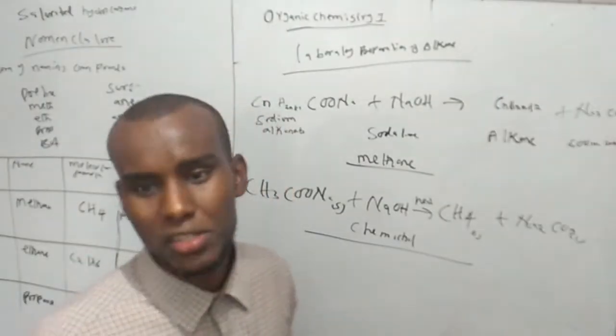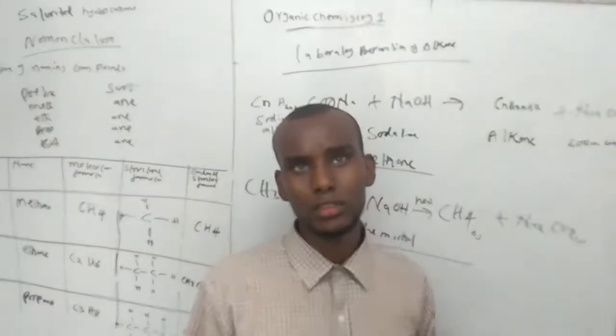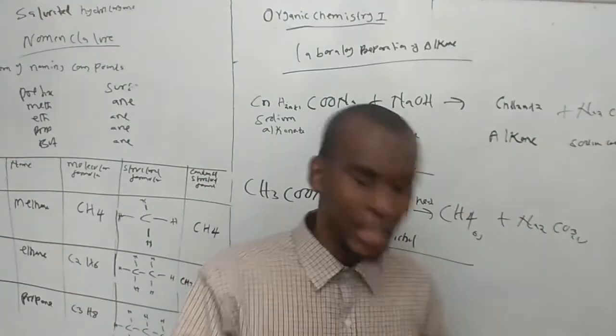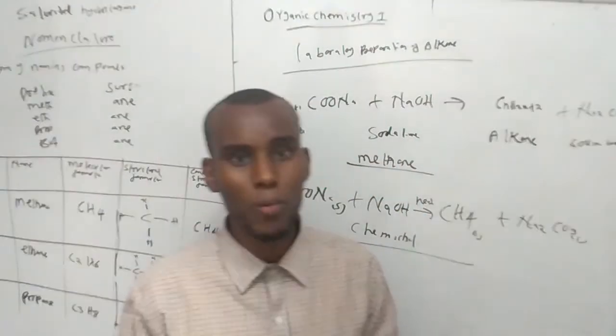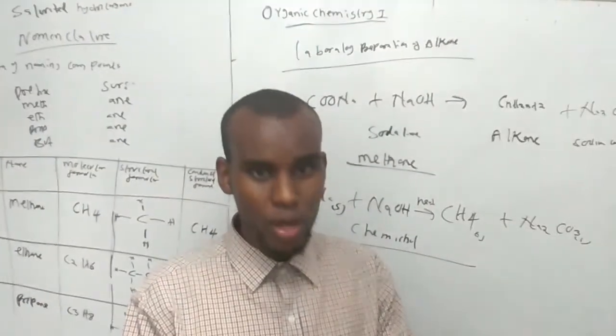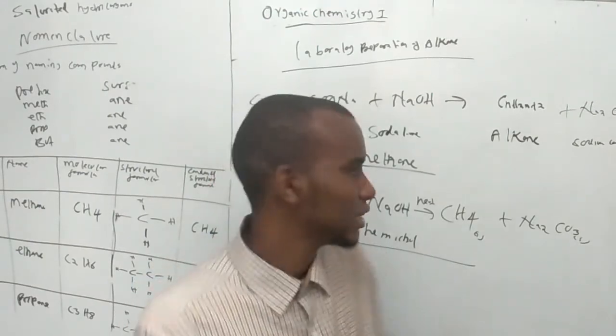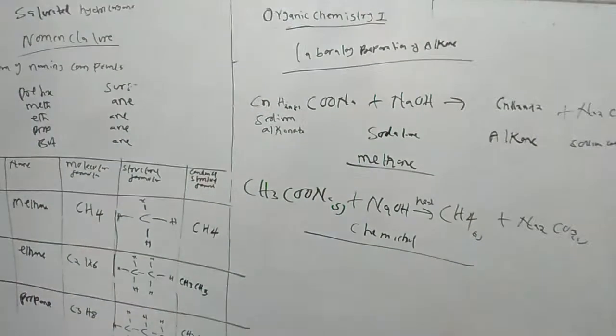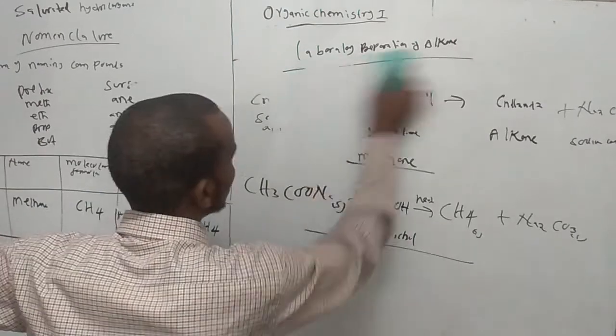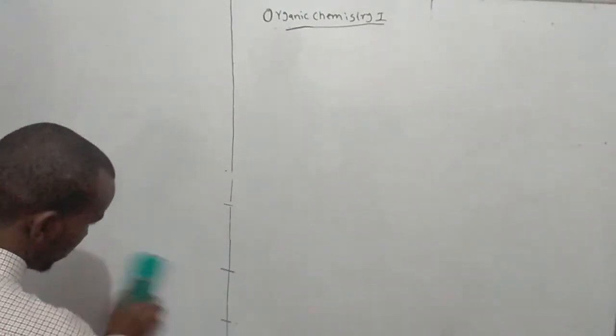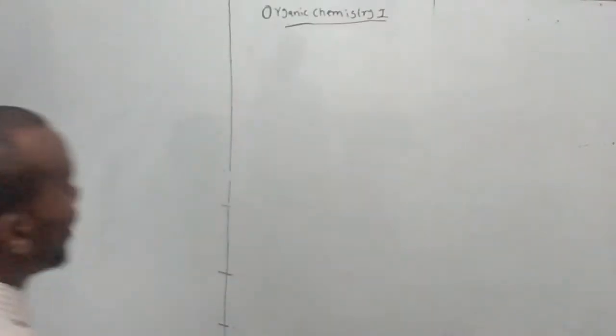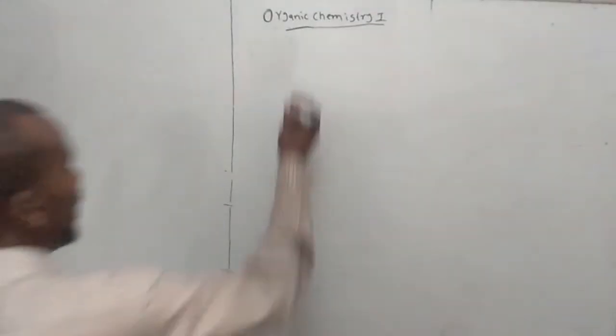I hope that suits the alkane for today. Let's focus on the next chemical properties. The chemical that we have grouped them is alkene. Now we have the alkene.